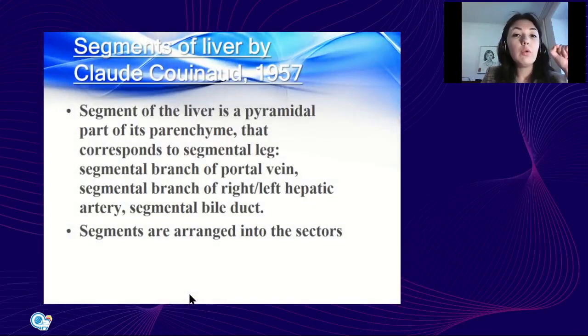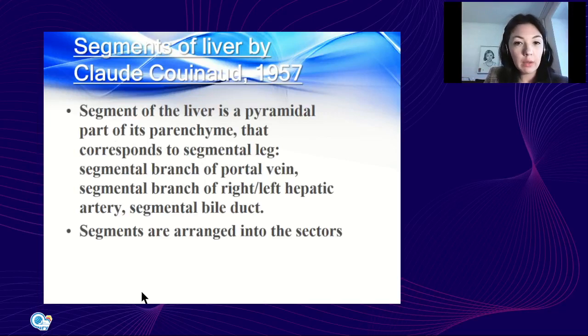According to branches of the proper hepatic artery, portal vein and bile ducts, Couinaud in 1957 found 8 segments of the liver. A segment of the liver is a pyramidal part of its parenchyma that corresponds to a segmental leg.